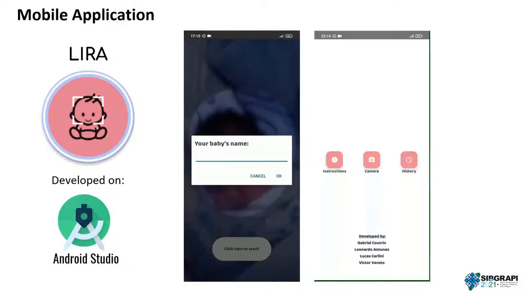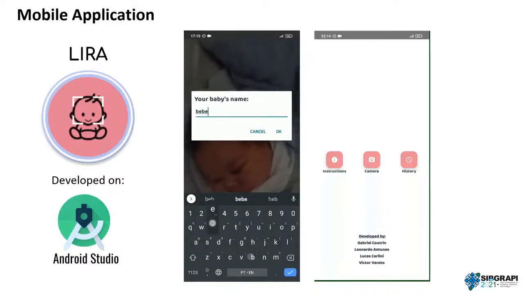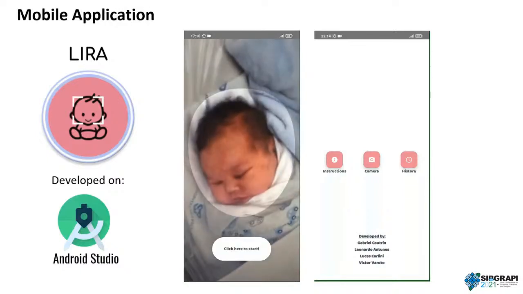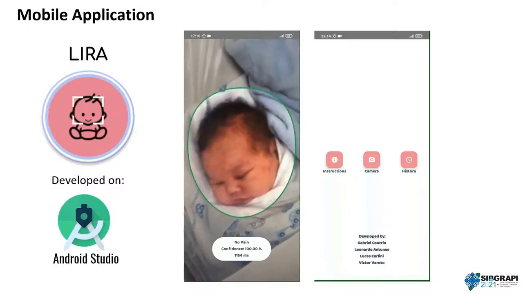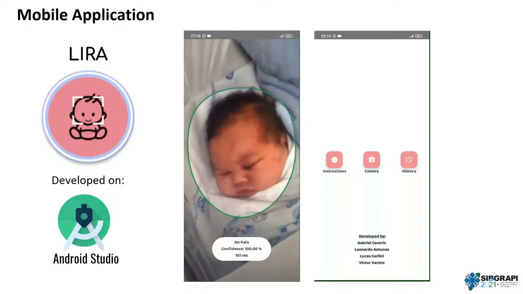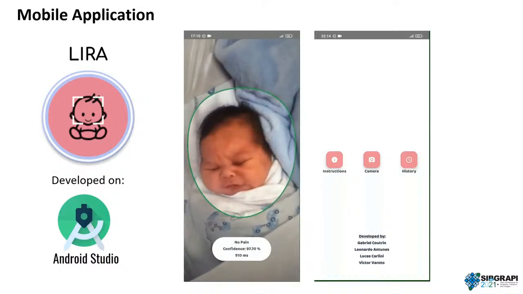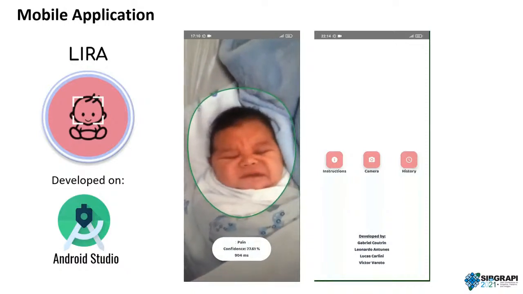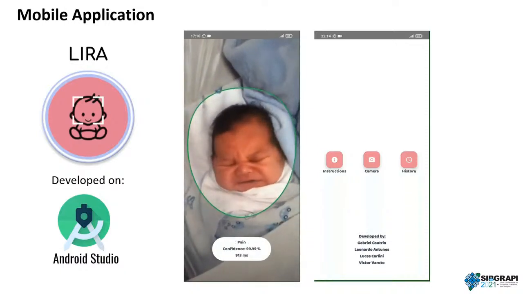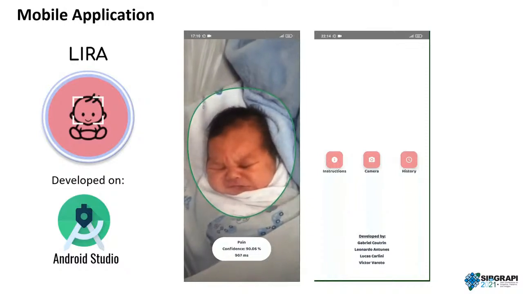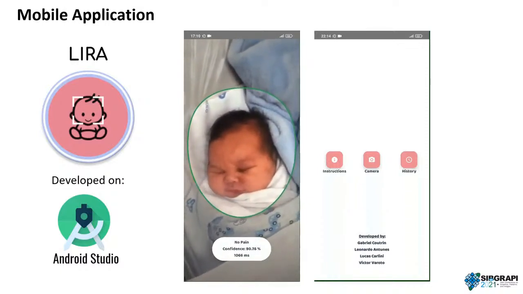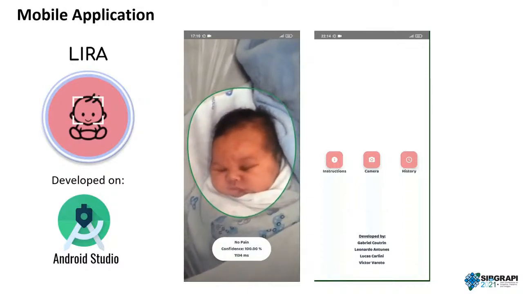Using the Android OS and the Android Studio IDE, we developed a mobile application capable of detecting a neonate's face and classifying it as pain or no pain with low latency and offline. The camera automatically captures a picture, which is then processed by the face detector algorithm. Also, an oval shape helps the user to correctly align the neonate's face on the screen.